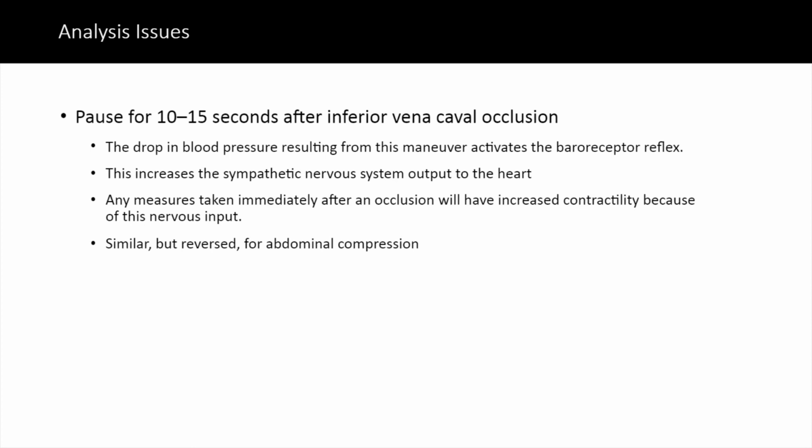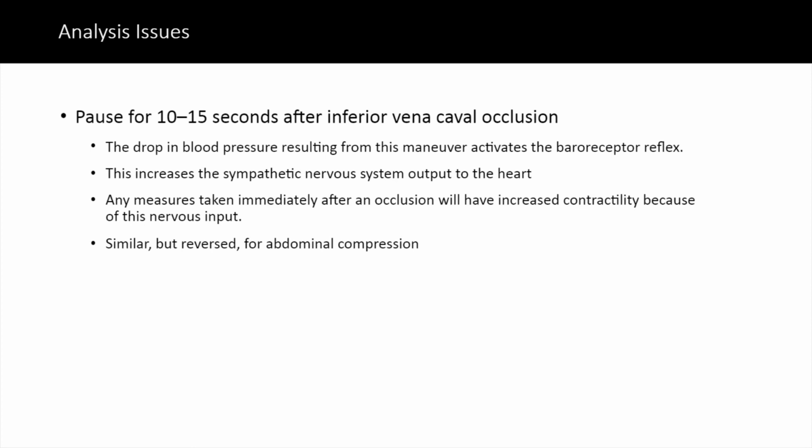The reason is that when you do the IVC occlusion, you drop systemic blood pressure, and when you drop systemic blood pressure, you activate the baroreceptor reflexes, which increase the sympathetic nervous system output to the heart. If you're taking other measurements right after that, they'll be skewed, because you'll have endogenous sympathetic activation on top of whatever else you have going on.